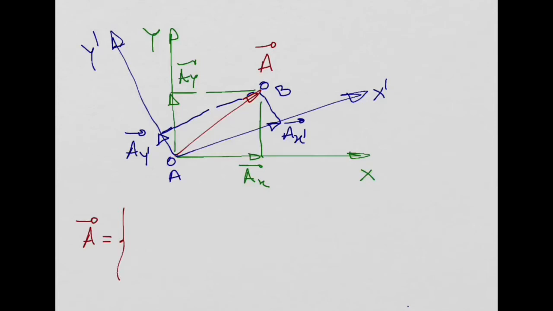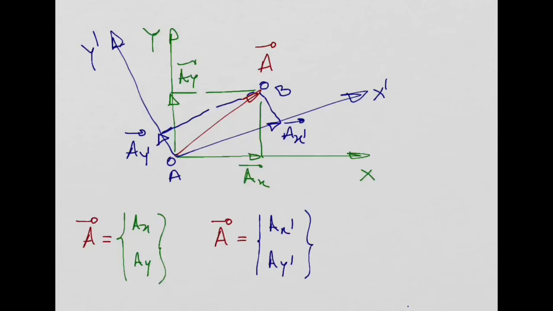If I describe this vector A in the original xy coordinate system, I will get ax, ay. And if I describe this vector A in this x prime, y prime coordinate system, I will get the components ax prime and ay prime. Right?